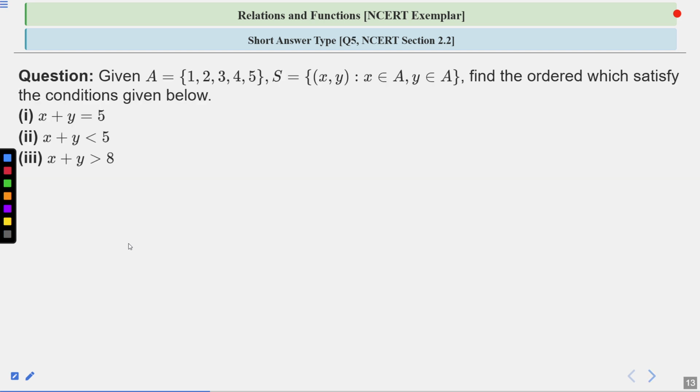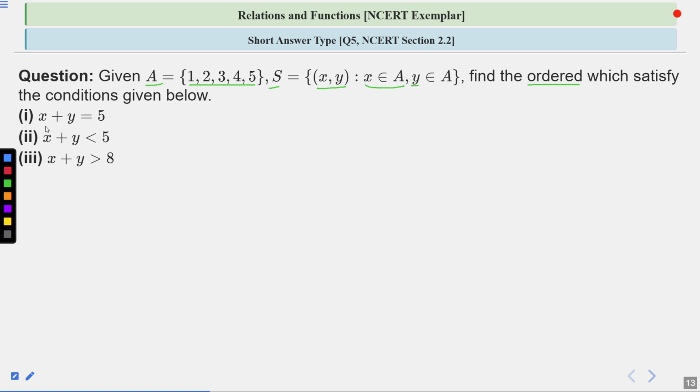Moving to the next question. Given set A with 5 elements 1, 2, 3, 4, 5. Set S in set builder form is the collection of all ordered pairs x, y such that x and y both belong to the set A. Then find the ordered pairs which satisfy the conditions given below.